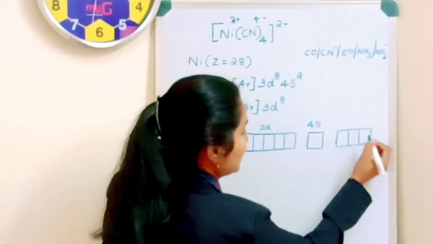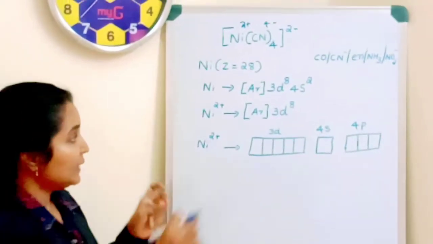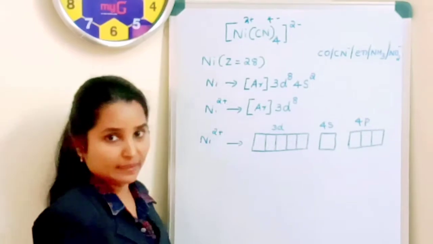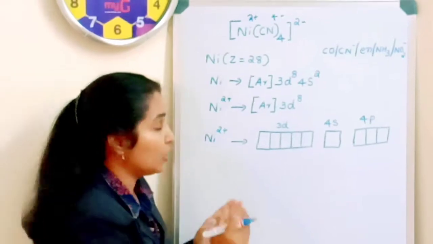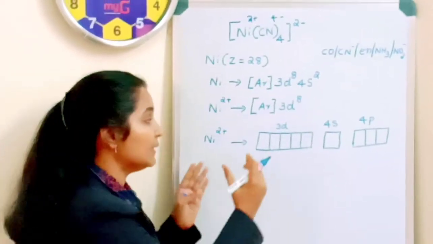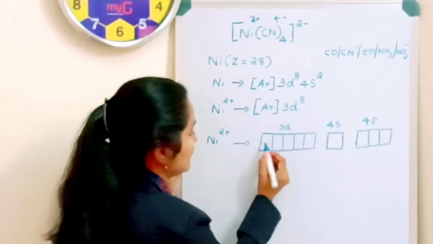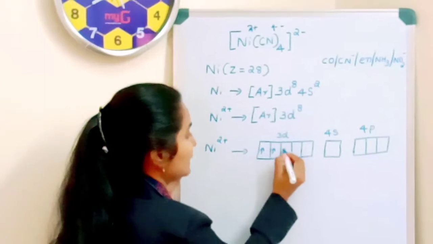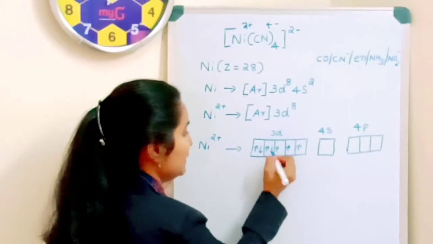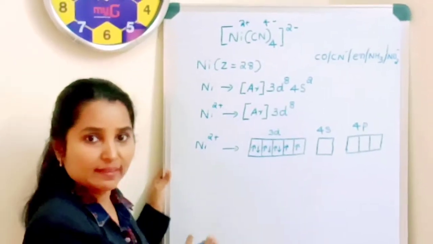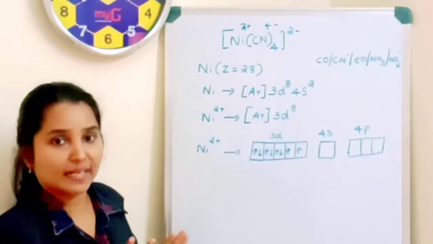These are the outer orbitals of the Ni2+ ion. The 4s and 4p are empty, and in the 3d orbitals we have 8 electrons. Following Hund's rule of maximum multiplicity, we allot those electrons in the 5 orbitals: 1, 2, 3, 4, 5, 6, 7, 8. 8 electrons are there. So this is the actual electronic configuration of Ni2+.